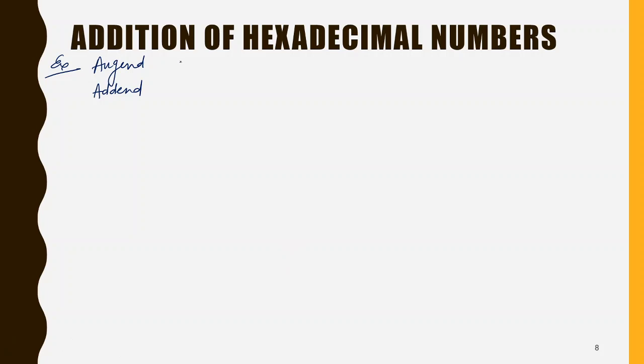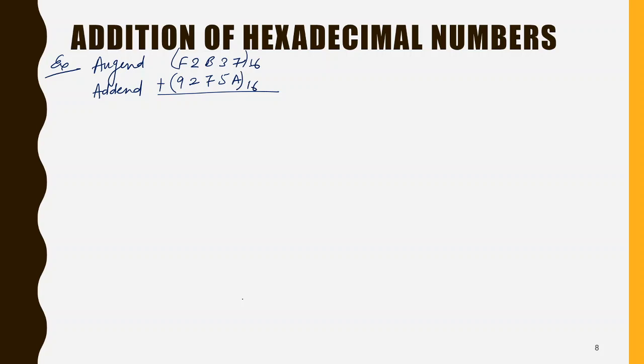I will take it as F2B37 and 99275A. This is our first hexadecimal number, our augend, and this is our addend. I want to add both of them.